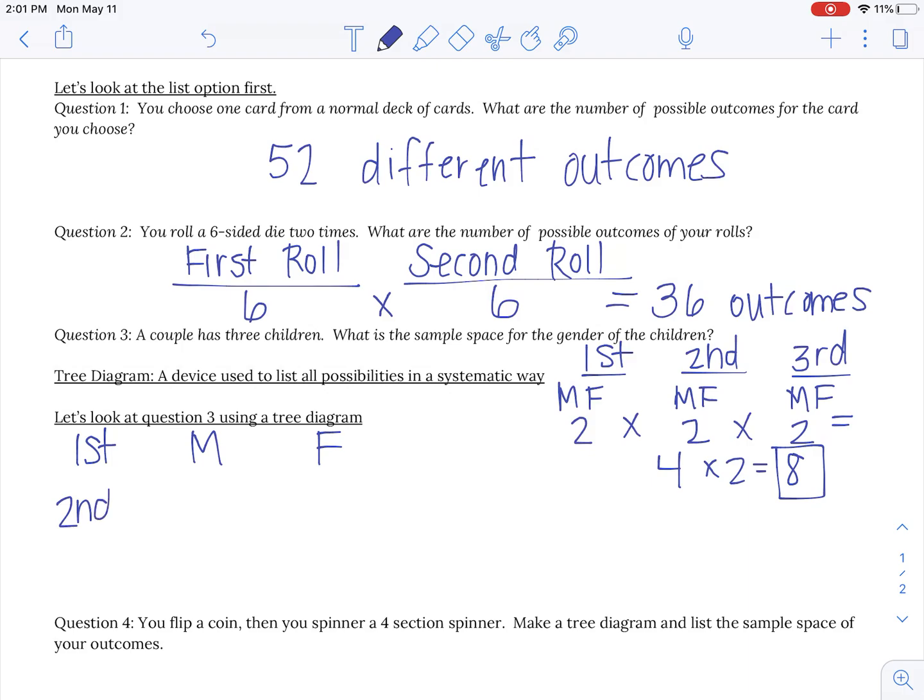So the second child. The leaves come because if you have a male the first time, the second time you still have a chance of having a male or a female. But if you have a female first child, you still also have a chance of having a male or a female in the second child.